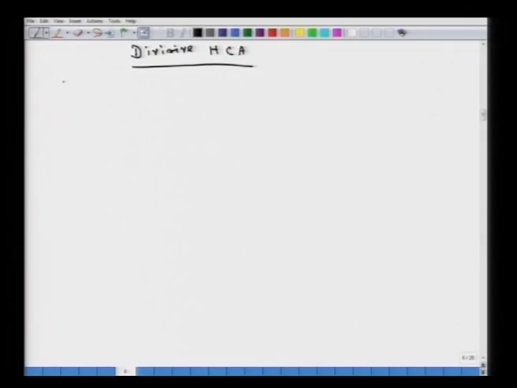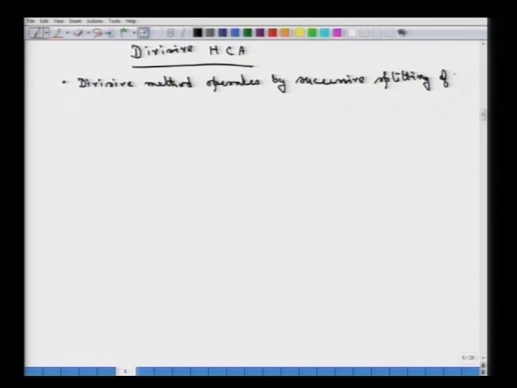So, the steps involved can be highlighted in the following way. Let me just write that this divisive approach operates by successive splitting of groups. That is the first point to be noted.